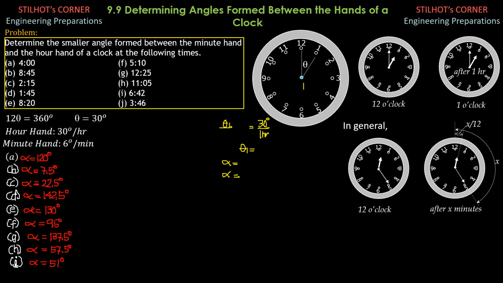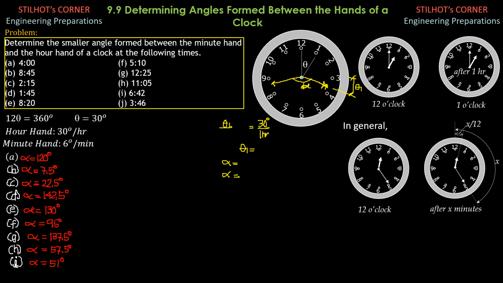So that means the minute hand is pointing between 8 and 9, and the hour hand is just beyond 3. So this is the hour hand, and this is the minute hand, and this is alpha.